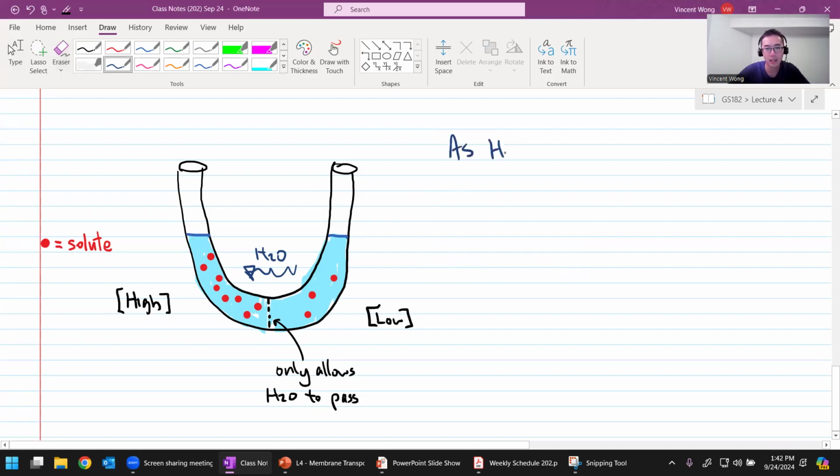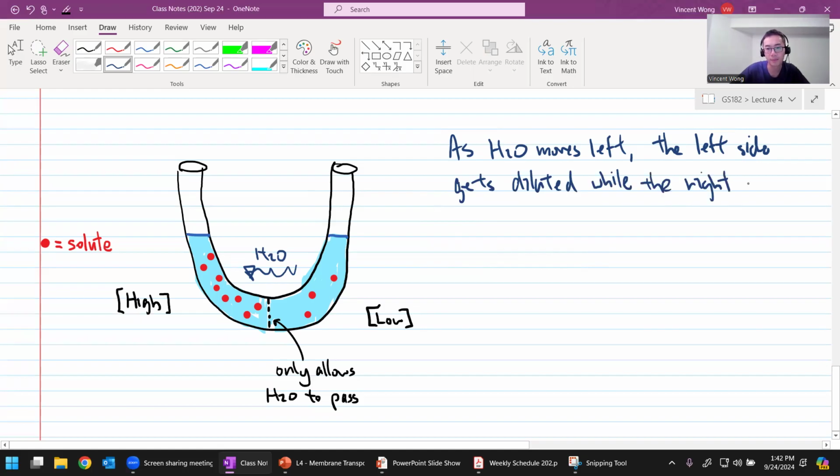Okay, so as H2O moves left, the left side gets diluted, while the right side gets more concentrated. If you remove water from something, it gets more concentrated, right? That's how you reduce a sauce if you're cooking. So eventually the water level is going to go up on the left side and drop on the right side until the two sides are balanced.